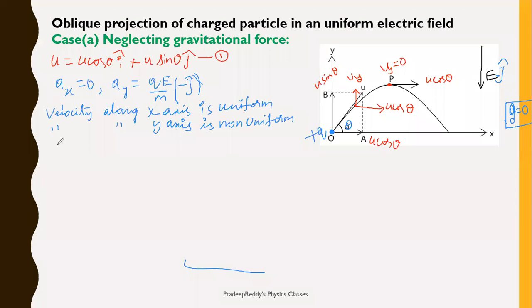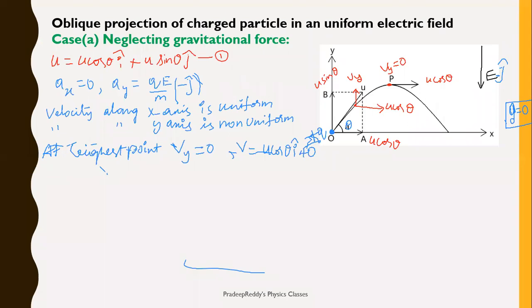At the highest point, vy is equal to 0, and final velocity v can be written as, only along the x-axis it has magnitude, it is u cos theta, and this is i cap plus 0. So at the highest point, its value will be only u cos theta, that is along the x-axis.